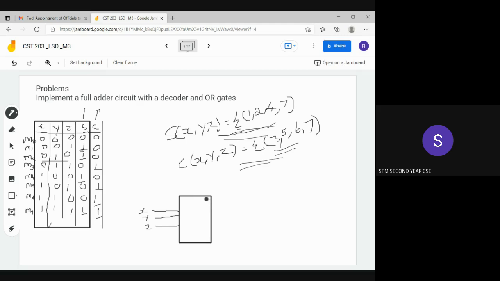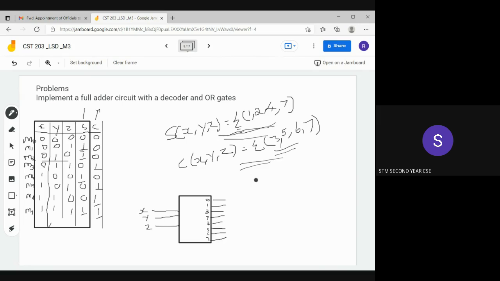Okay, as you know, in a decoder, if there are 3 inputs, how many outputs will it generate at maximum? 2 raised to 3, that means 8 outputs, from 0 to 7. Total 8 output lines will be there in this decoder.